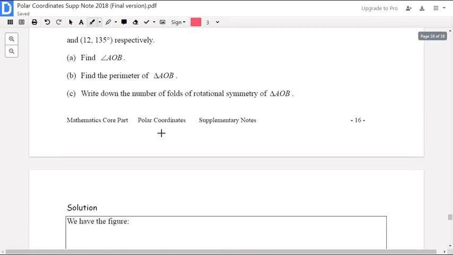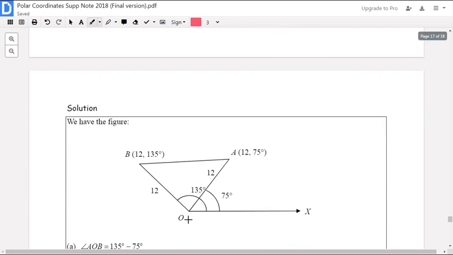Again, we need to draw the figure first. O is the pole, OX is the polar axis. A has polar coordinates (12, 75 degrees), and B is (12, 135 degrees).